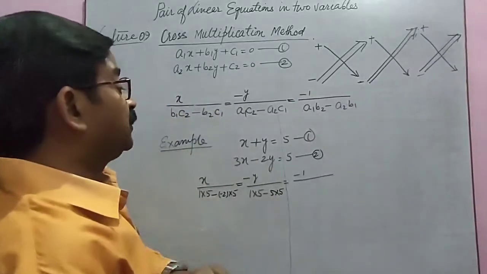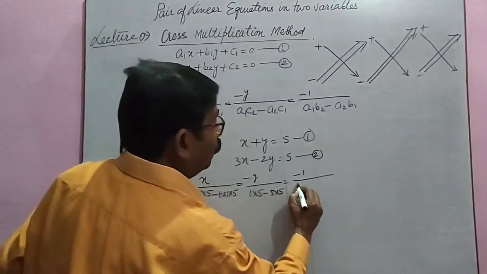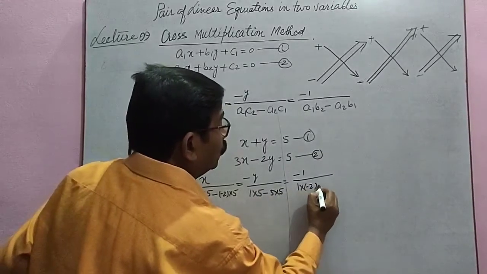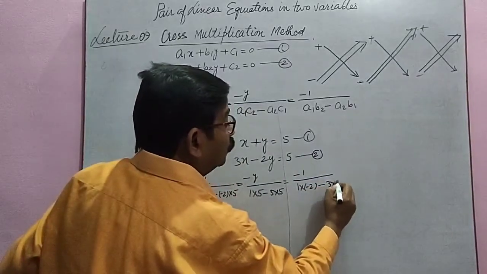For constant term, hide this constant. 1 into minus 2, minus 3 into 1.